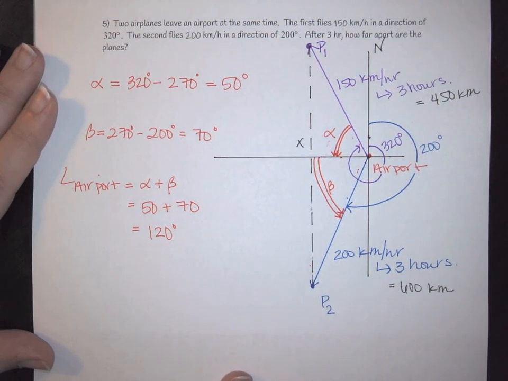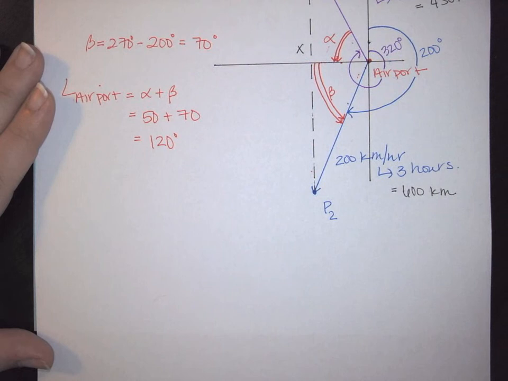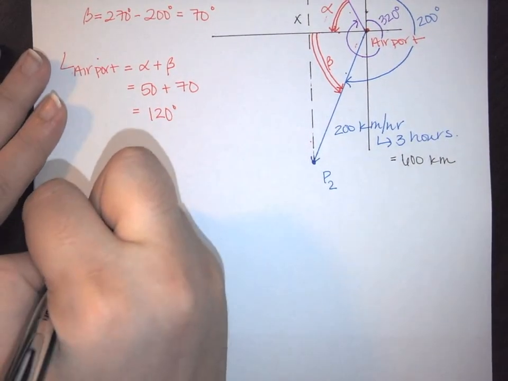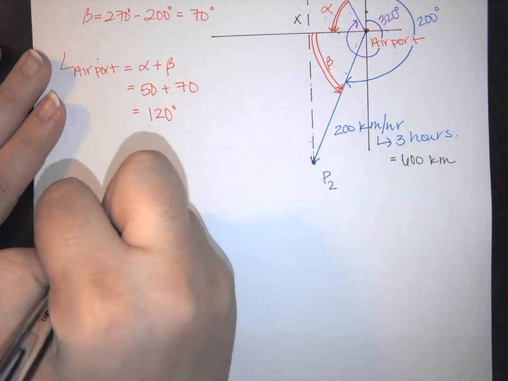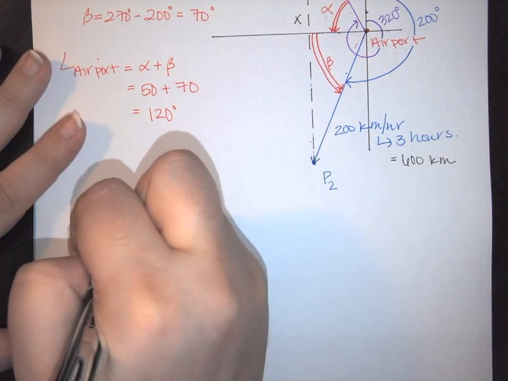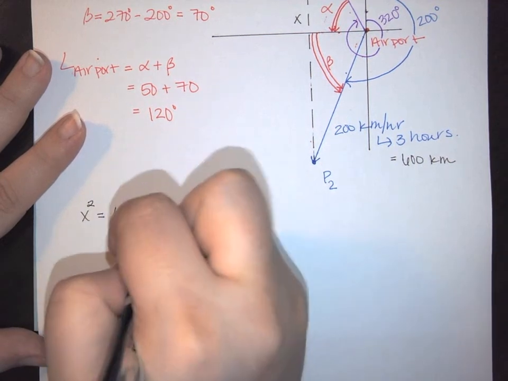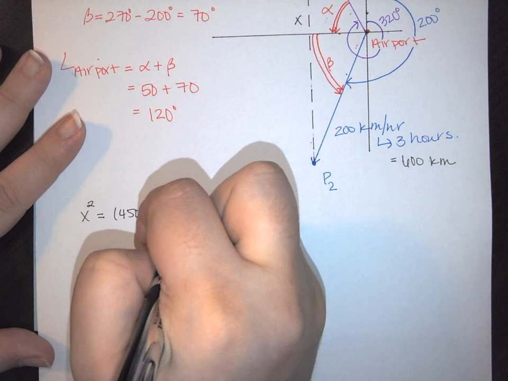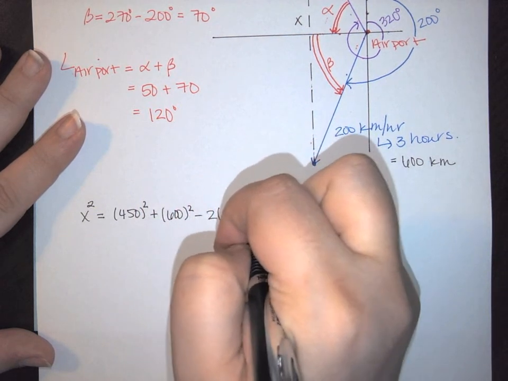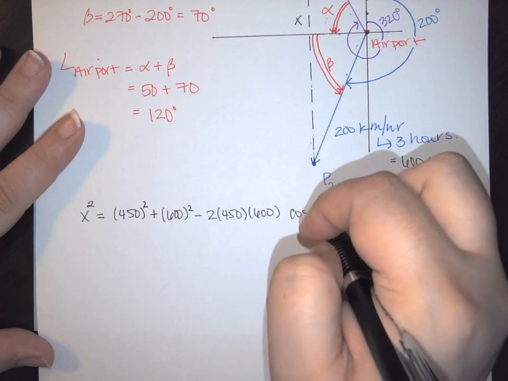So I can use my law of cosines. Here, my missing side, x squared, is equal to my known side, 450 squared, plus 600 squared, minus 2 times 450 times 600 times cosine of 120 degrees.